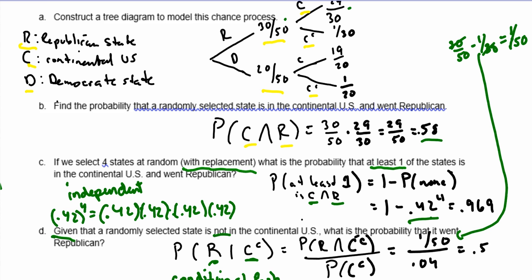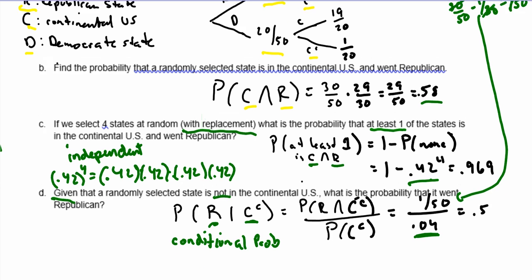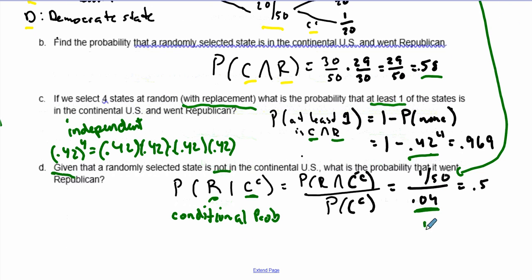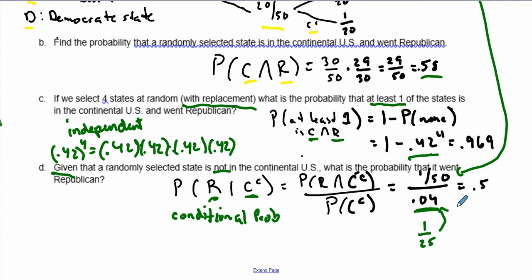So there is a 1/25th chance of that happening, which is 0.04. We divide those two, and there is a 50% chance that that would occur. You probably could have thought about that naturally, but that's what we get for our answer.